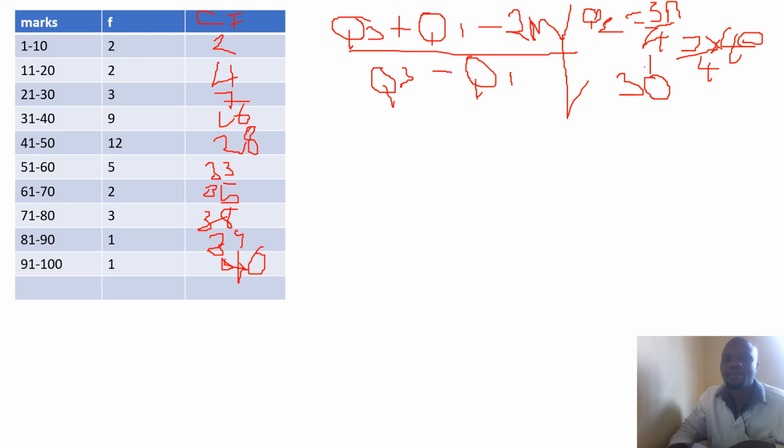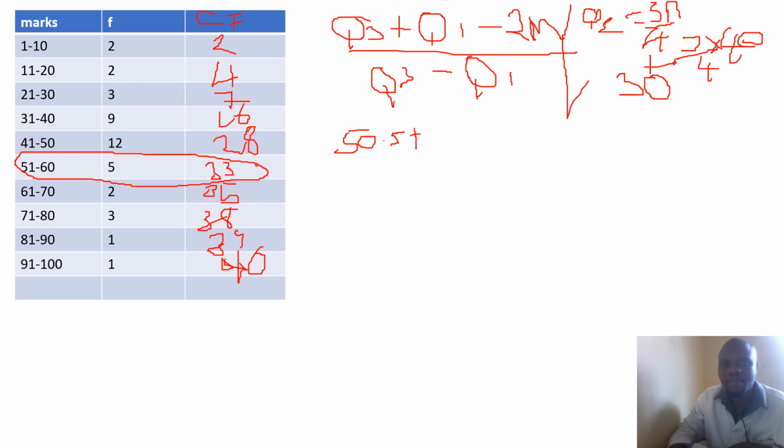So where does our 30th lie? It is in between this class. So this one becomes our upper quartile class. So we know that for us to be able to get the actual value or the actual mark in our upper quartile, we are going to take the lower boundary of that class, which is 50.5.